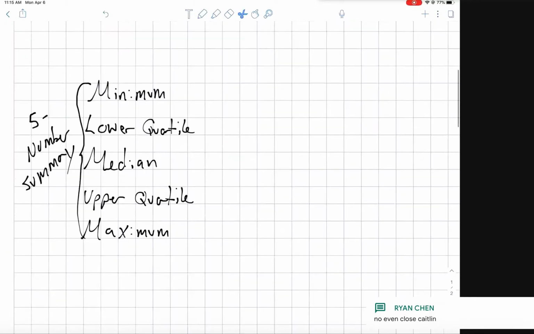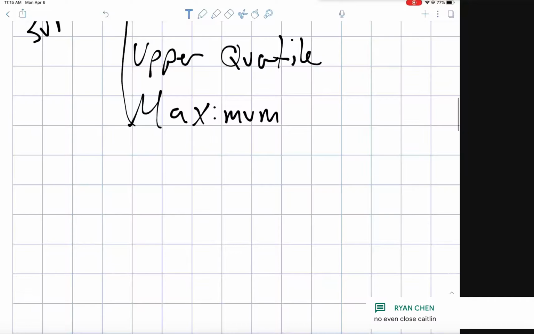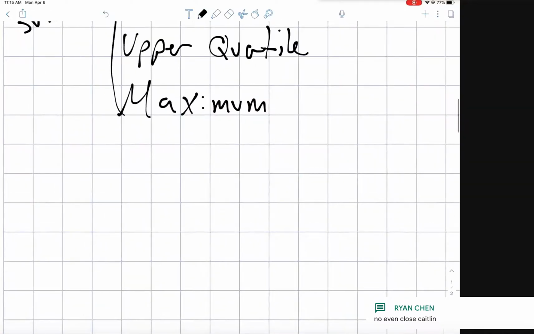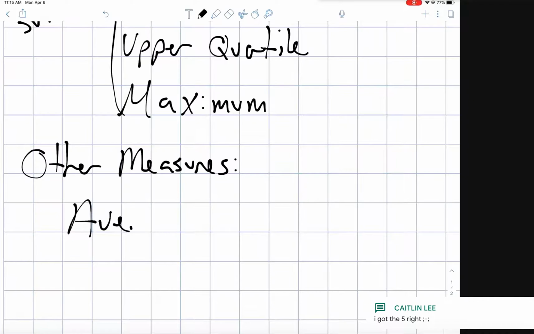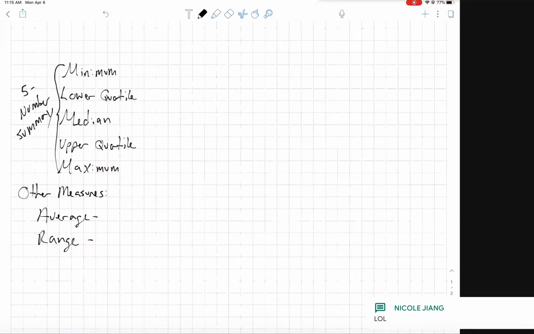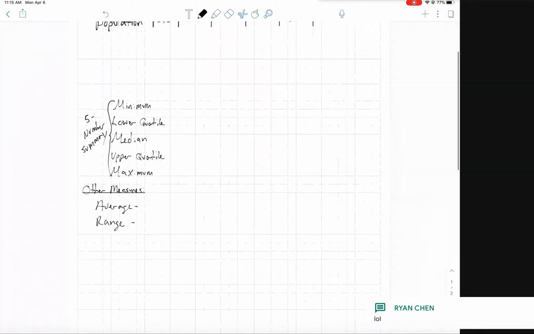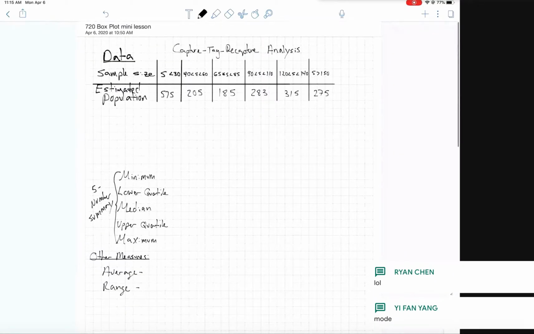And then if we also want to look at some other things, I heard someone say average, range, mode.